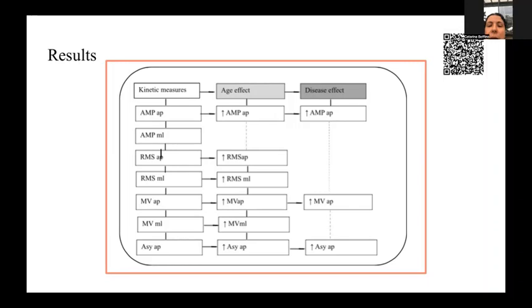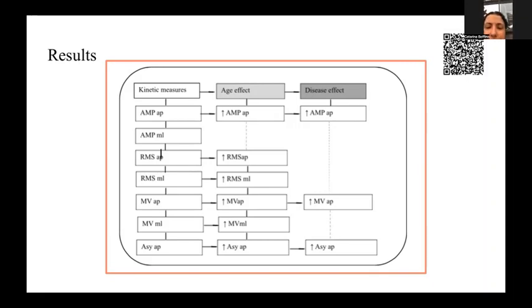But we could see also a disease effect. This disease effect was observed in the anterior-posterior amplitude, in the mean velocity, and in the load asymmetry, in the anterior-posterior position.